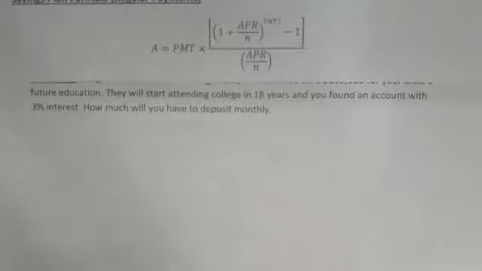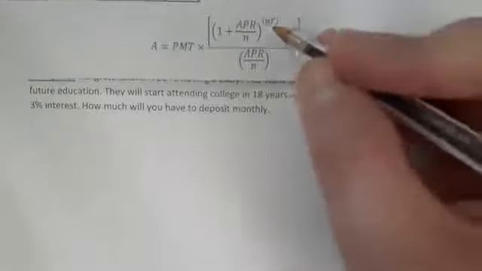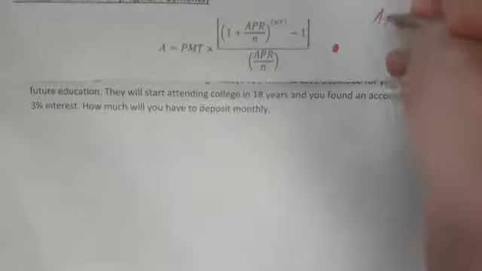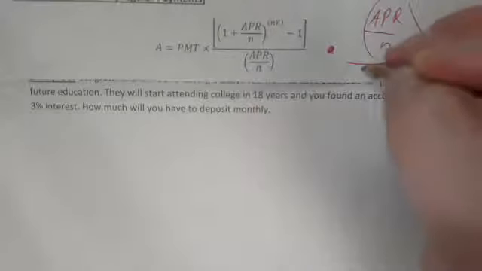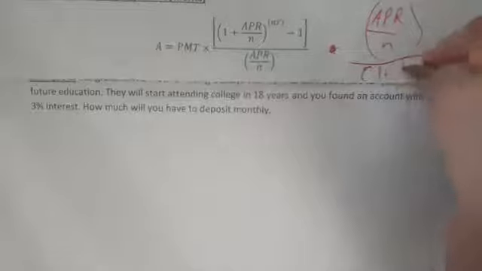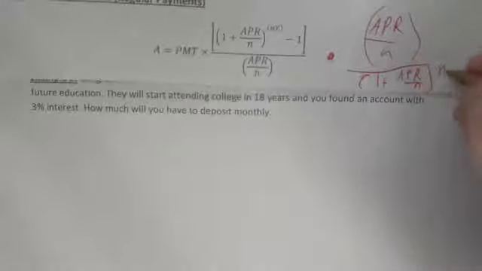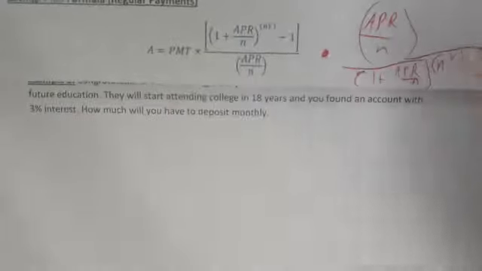If we wanted to solve for payment symbolically, if this is being multiplied, one way you could do it is by dividing by this thing. But dividing by this thing is the same as multiplying by a reciprocal. So if we flip this thing, 1 plus APR over N, to the NY minus 1, put this all under 1 bar.